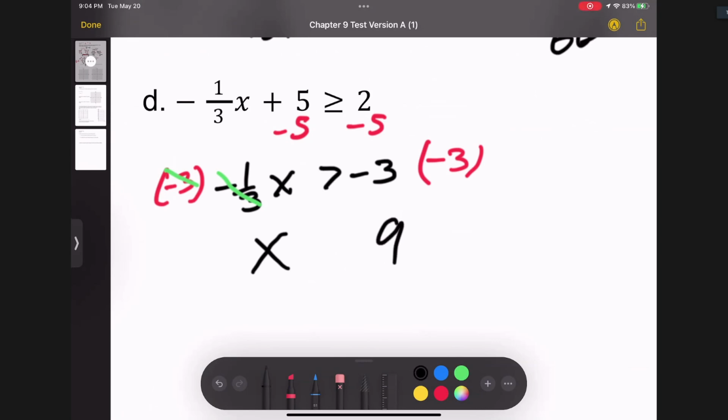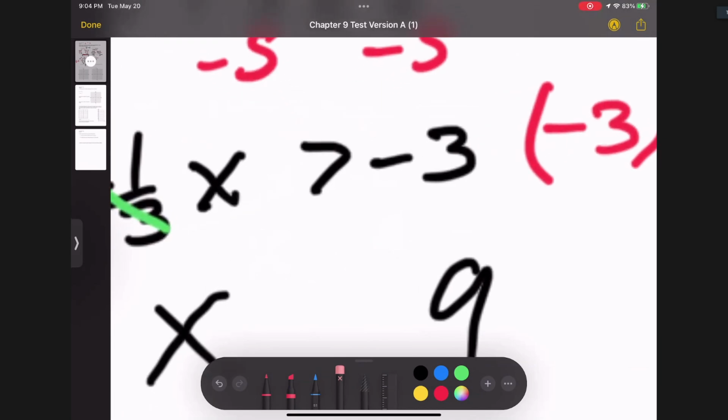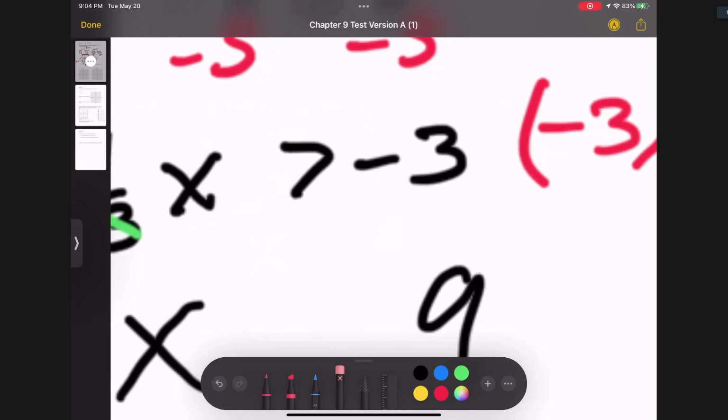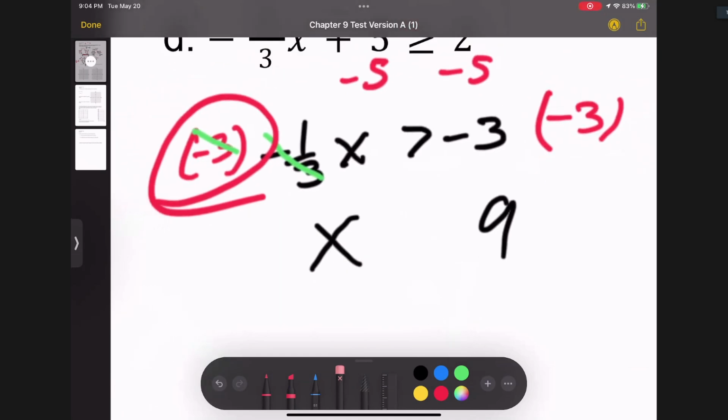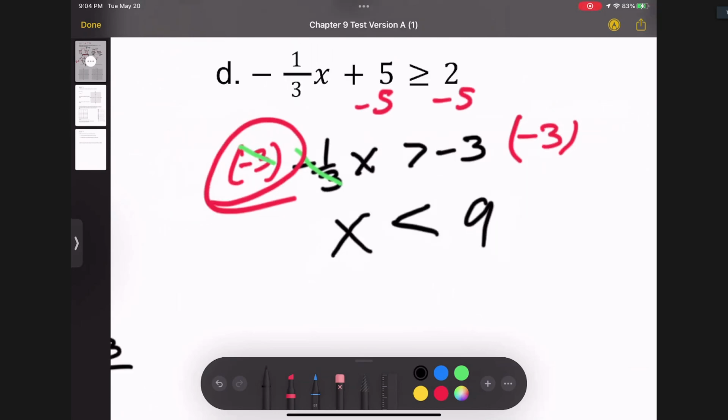Now, what happens to the inequality? Hopefully you can catch that. We multiplied by a negative number. When we multiply by a negative number for inequalities, what happens to the inequality? It switches directions. So instead of opening to the right, it is now going to be opening to the left. Let me change that. So this is going to be opening in this direction.